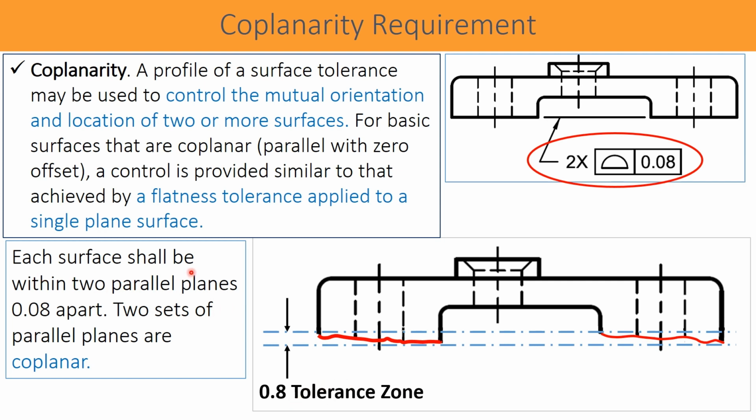Each surface shall be within two parallel planes 0.08 apart. The important point is that since these are in one tolerance zone, they are called coplanar surfaces. It is like a control provided by a flatness tolerance applied to a single plane surface.